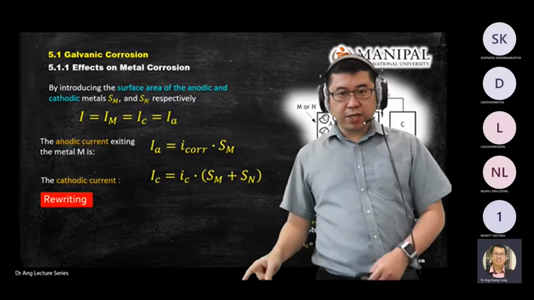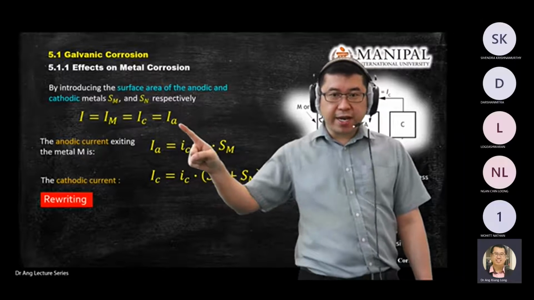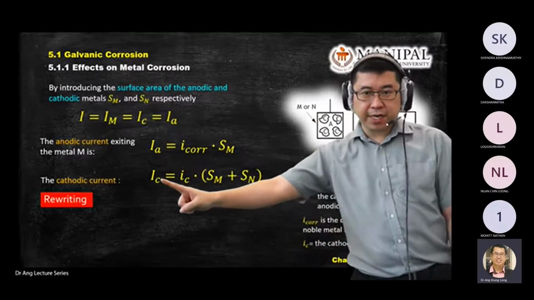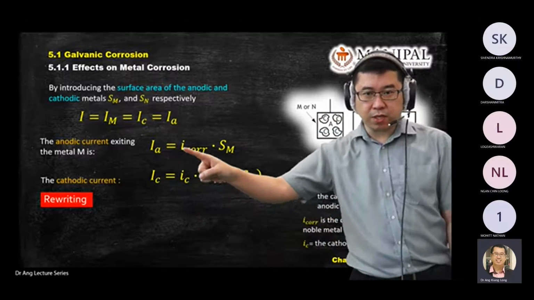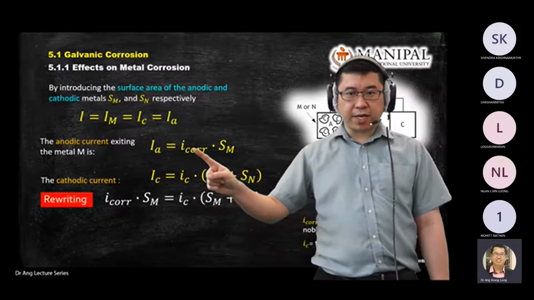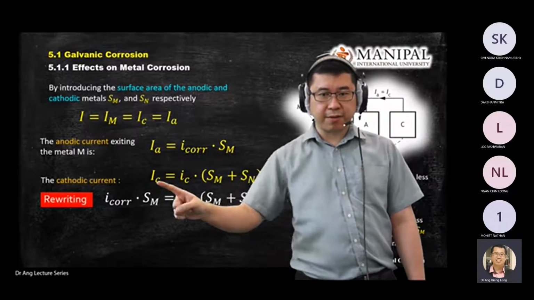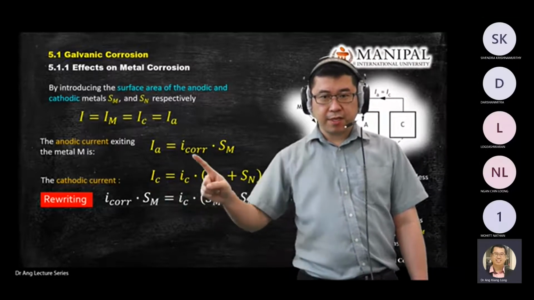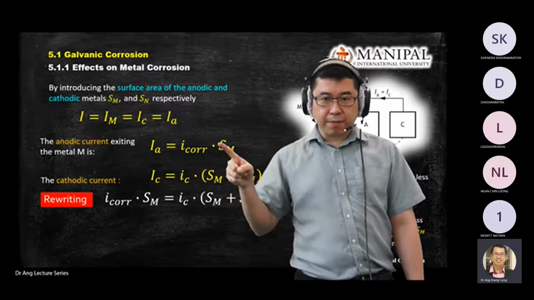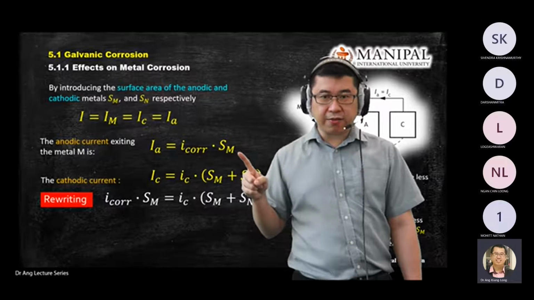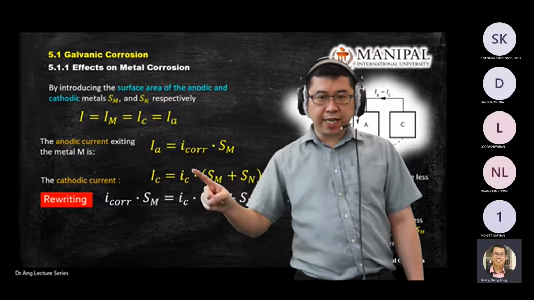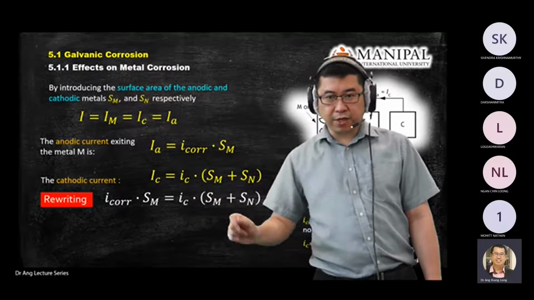From the first equation, current at the anode equals current at the cathode. Basically, this equation equals this equation. You rewrite them. You take this one and put it on the left-hand side because these two are the same. So i corrode, the corrosion rate, multiplied by the surface of the less noble metal, equals the cathodic current density.